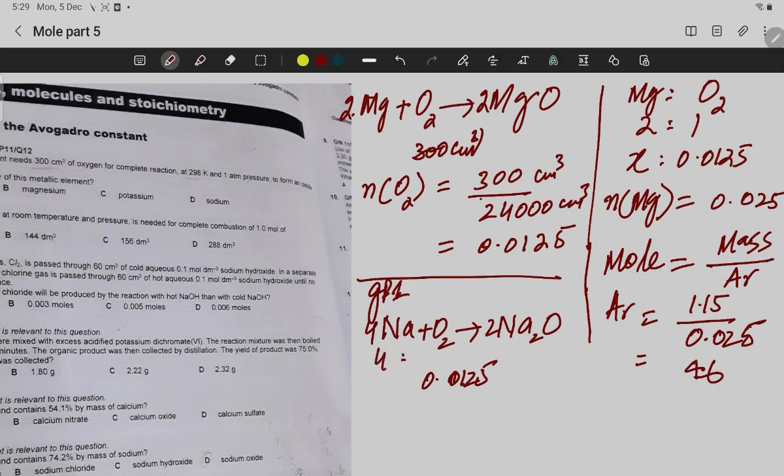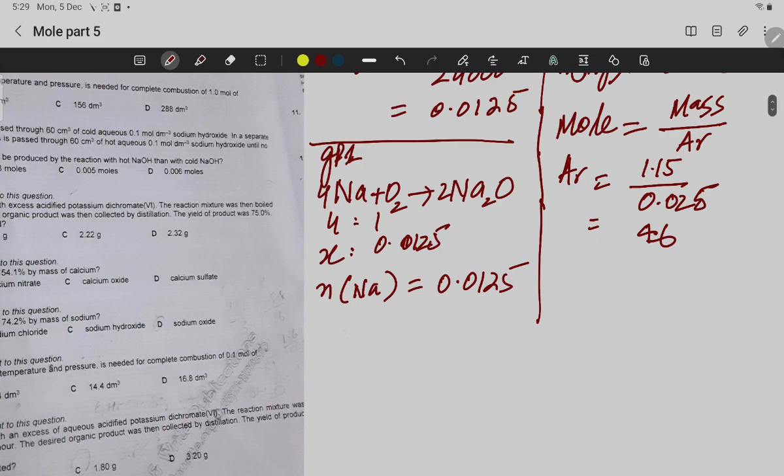This is 4:1 and ratio x, so 0.0125 into 4 gives the mole of sodium. We don't know which element is there, sodium or potassium, any element can be, but we can use X over here, X of group 1 and X2O.